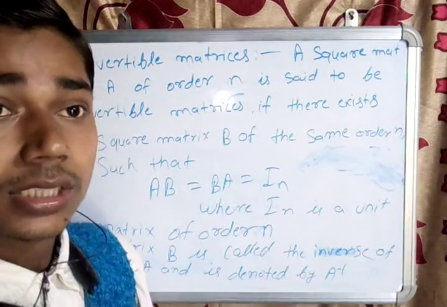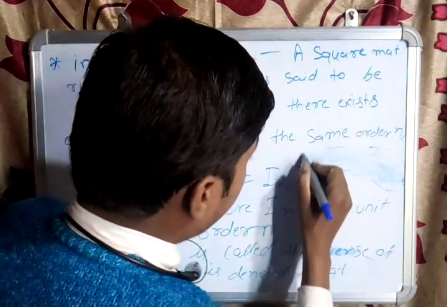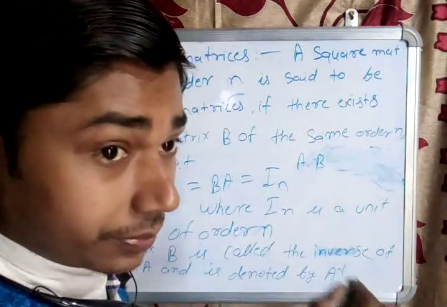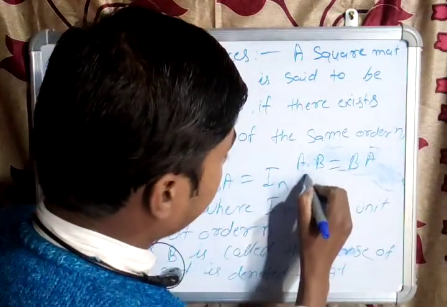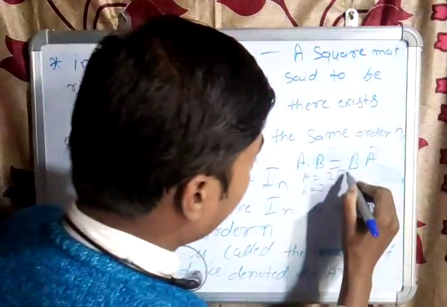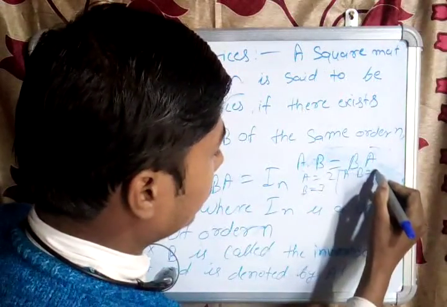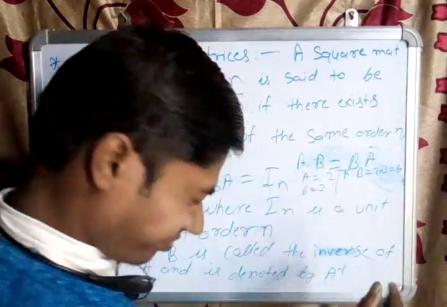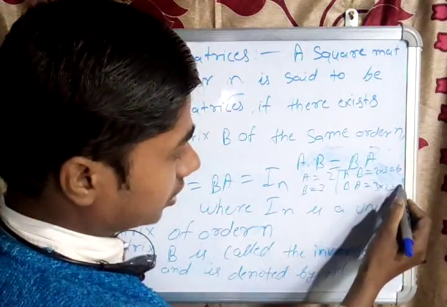Let A is equal to 2 and B is equal to 3, then the product A dot B is equal to 2 multiplied by 3, which is 6, and again B product A is equal to 3 multiplied by 2, which is 6.